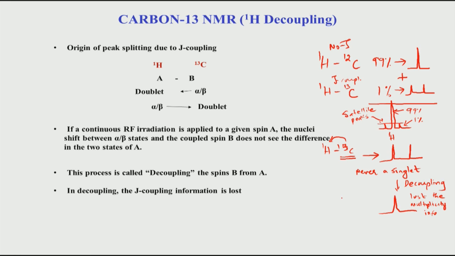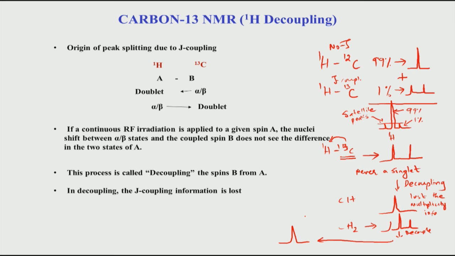Now, this is for CH. Suppose I have CH2, there I expect according to the n plus 1 rule a triplet, but again if I decouple I will get basically a singlet, and that information is also lost.